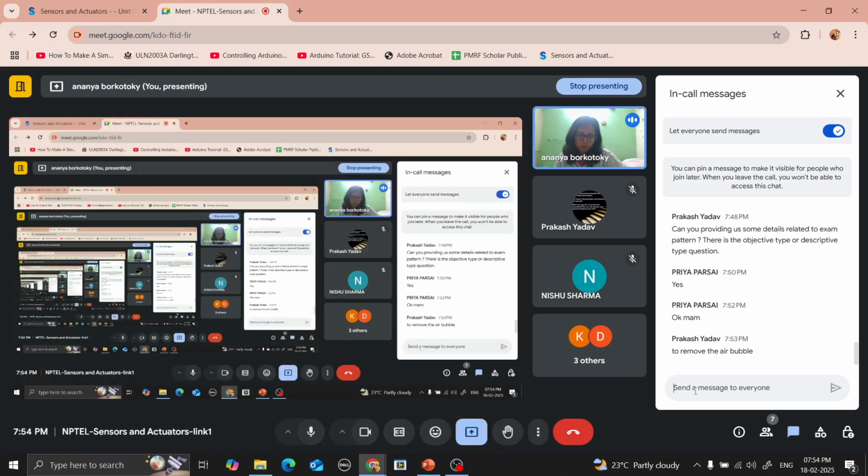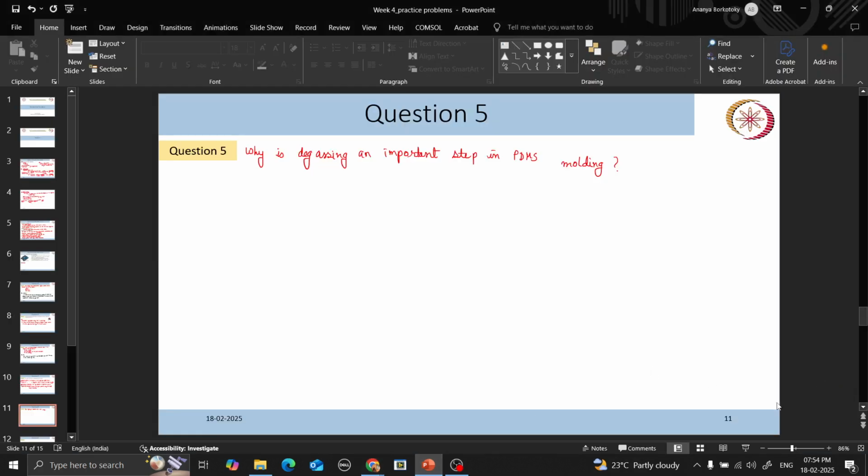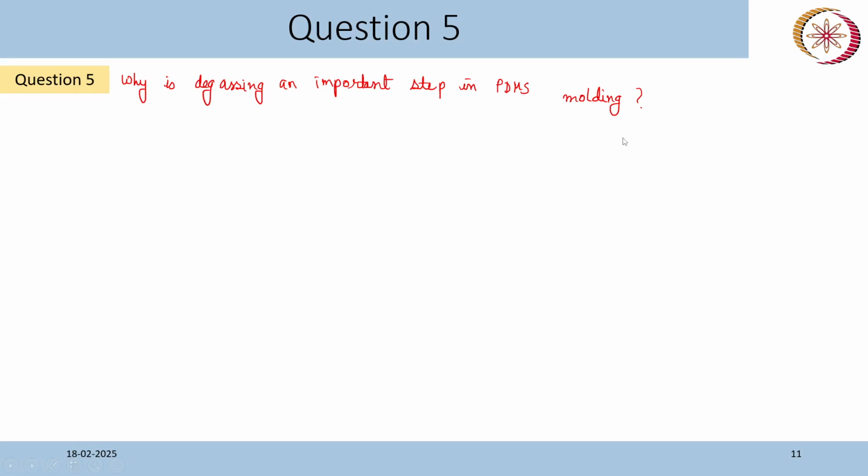Okay, to remove the air bubble, and why do we remove the air bubble? Because if you do the curing with the air bubble, then there will be defects, there may be cracks. So that is why degassing is very important, so that there is no air bubble inside.